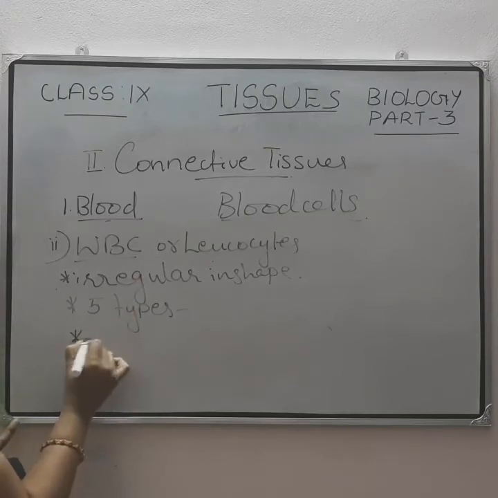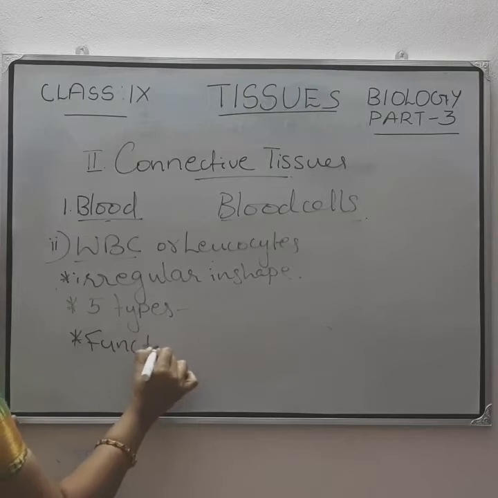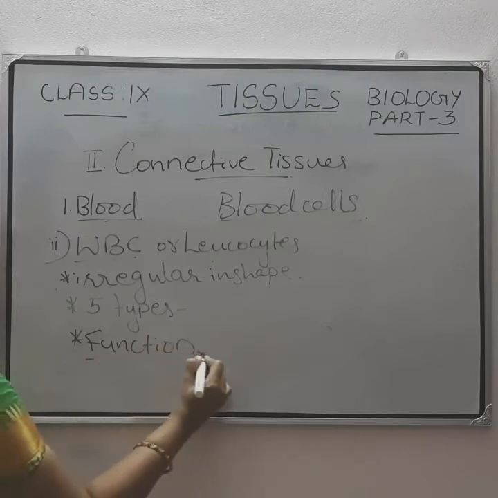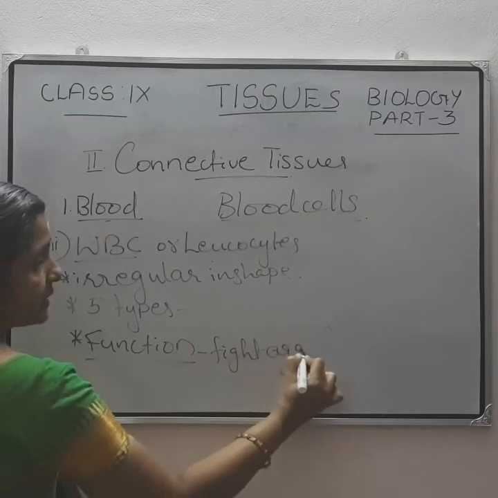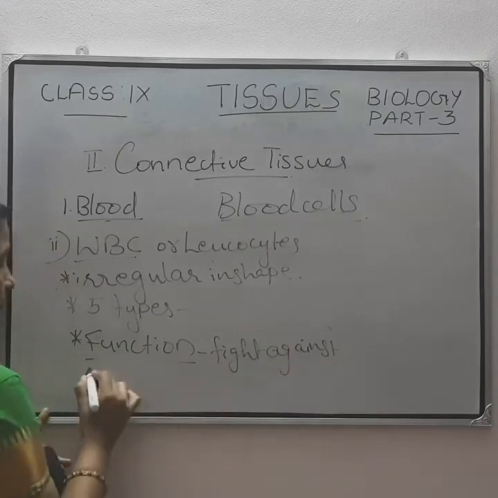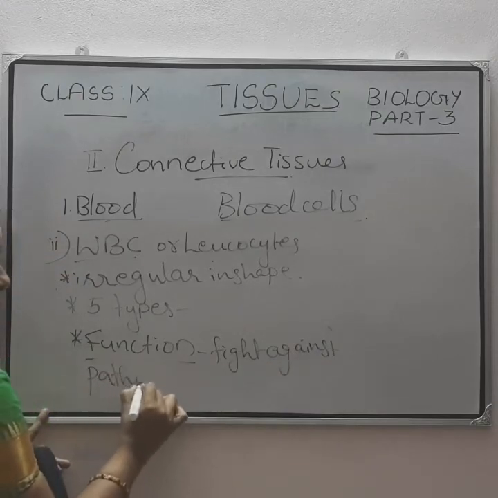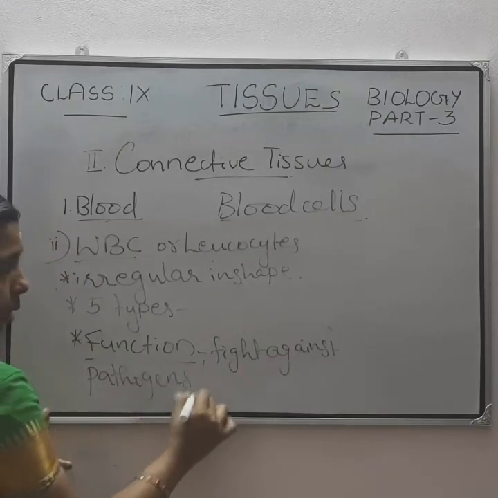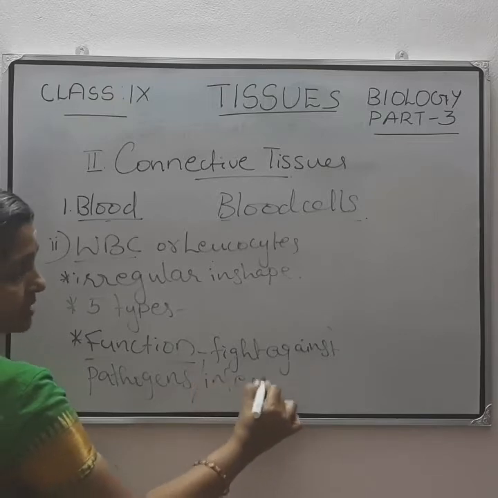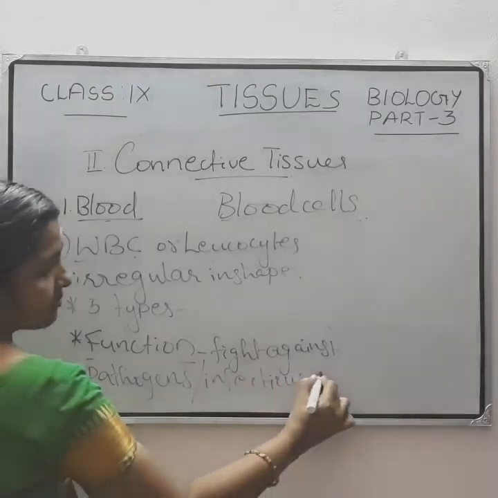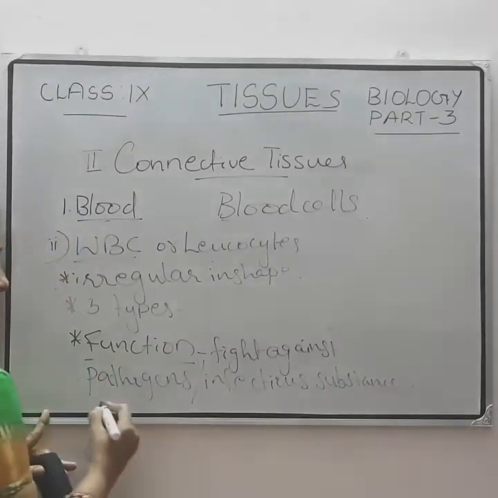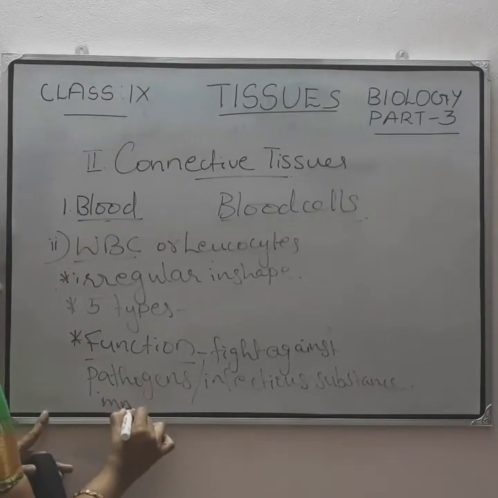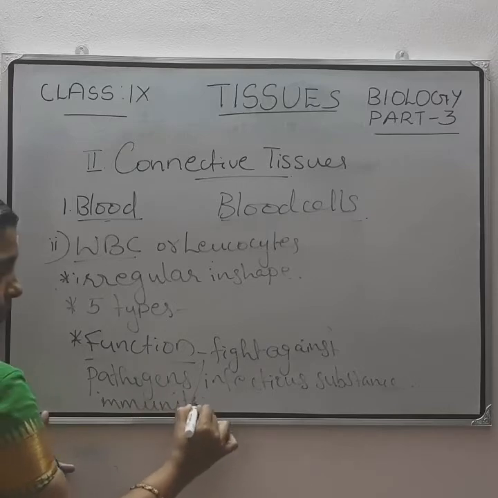Then, what is the function of this WBC? It fights against the germs or pathogens, the infectious substances that enter our body, and it forms the immunity system of our body.